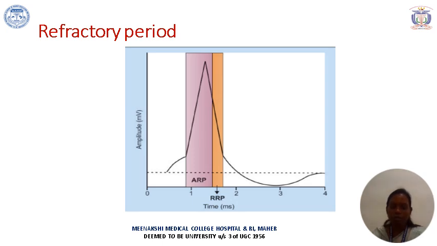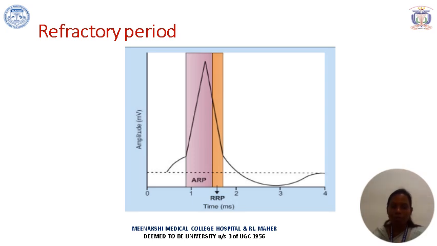Refractory period is nothing but: a second threshold stimulus cannot produce an action potential if it falls on the first phase of the action potential period, that is, the depolarization phase as well as the first 1/3 of the repolarization phase.